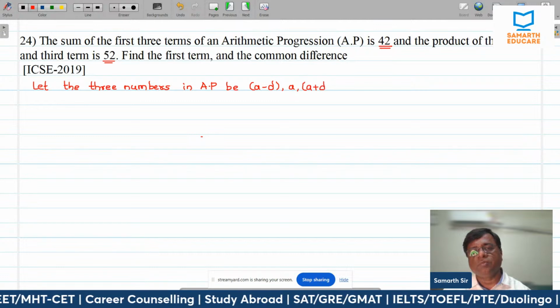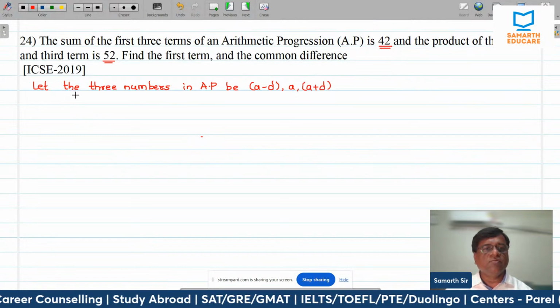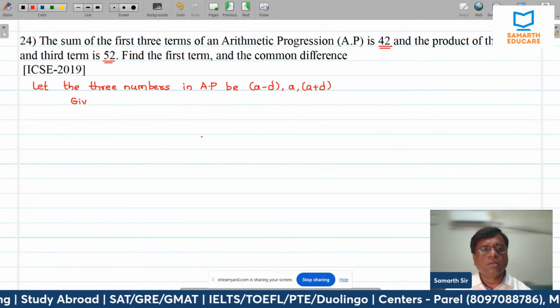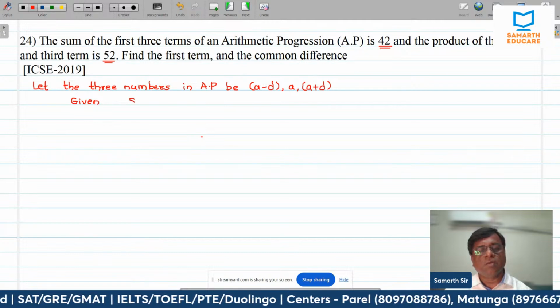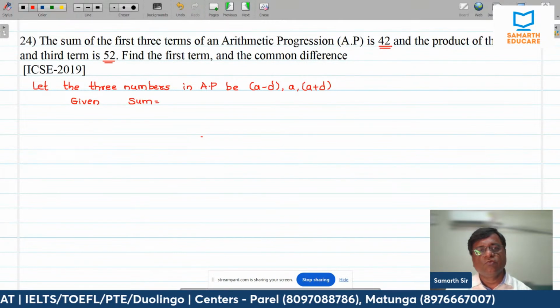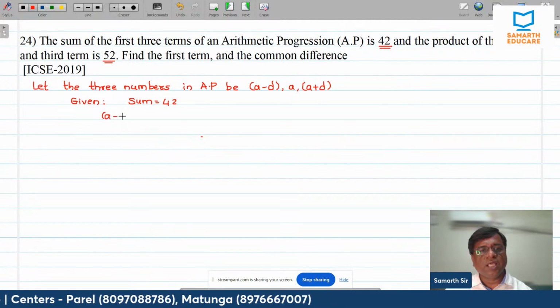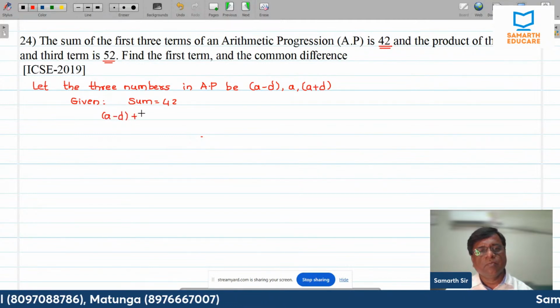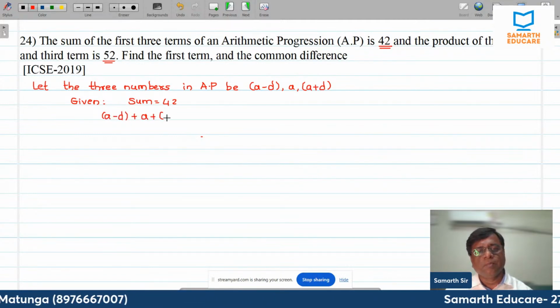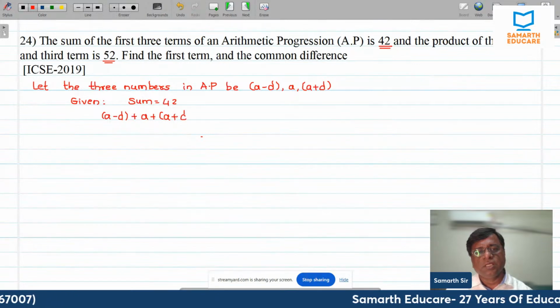These are the three numbers. What is given? The sum is 42. What is the sum? That means a minus d plus a plus a plus d is 42.